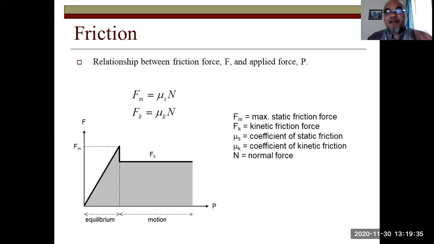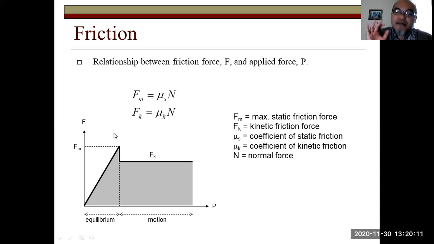Whenever we increase the force on an object, there will be an opposing friction force at the surface, tangent to the surface, opposite to the direction of that pushing force. Whenever this pushing force does not exceed a certain limit, that friction force will always be in equilibrium with that pushing force. As a result, that object will not move, so it will stay in its place.